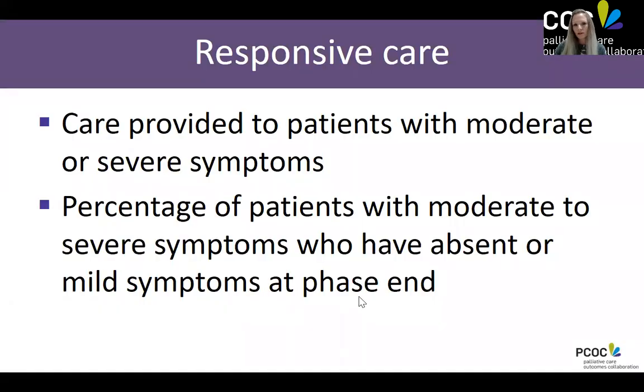There are 2 clinical concepts that underpin the outcome measures. Firstly, responsive care. This is care provided to patients with moderate or severe symptoms, and the measure is the percentage of patients with moderate to severe symptoms who have an absent or mild symptom at phase end. For example, in the problem severity score, a moderate range is 2 to 3, and you're looking to reduce that to 1 mild or 0 absent.